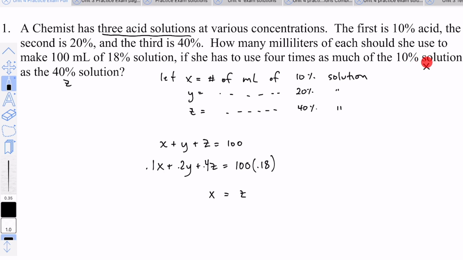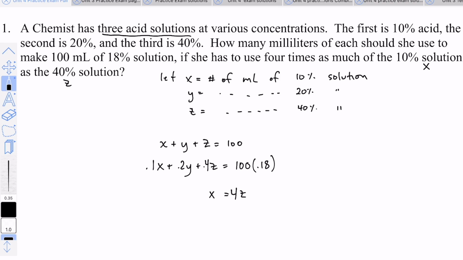So the x variable is already 4 times as big. So if I want these two numerical values to equal each other, because this one is already 4 times as big, I need to multiply the z by 4 so that they have the same numerical value. So there's the three equations.